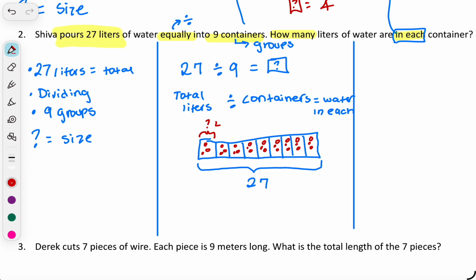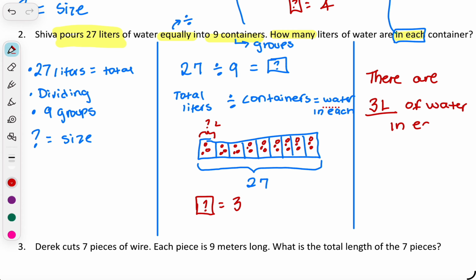So in this case, we know that our unknown is going to be 3 because there are 3 in each. So my solution statement will be there are 3 liters of water in each container.